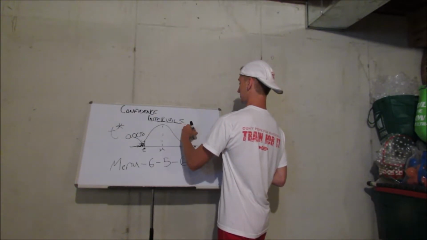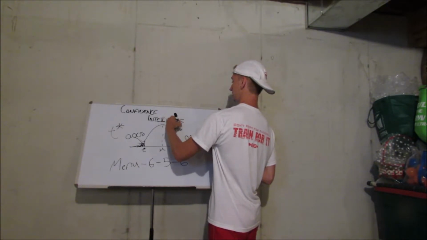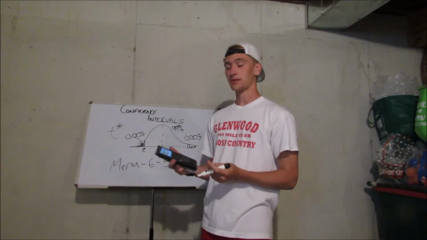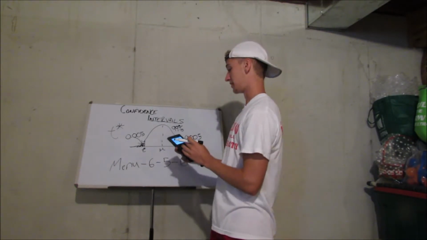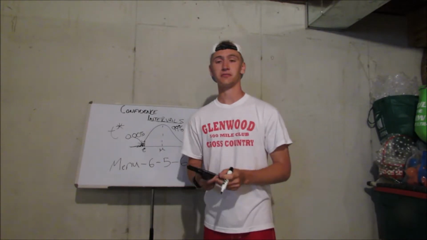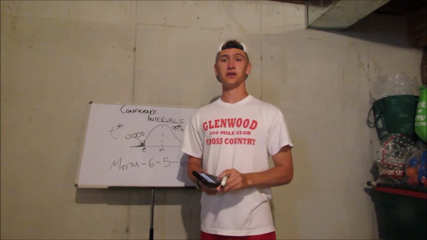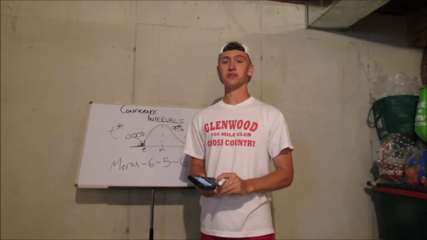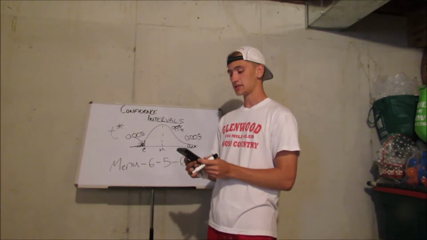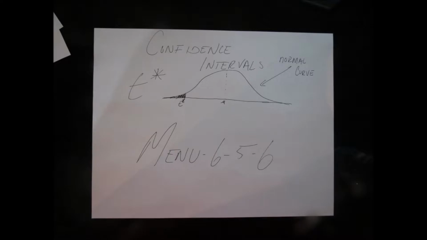So you have 0.005 on each side, and 99% in the middle. For a 99% confidence interval, you would have an area of 0.005, and then your degrees of freedom is just your sample size n minus 1. Whatever size sample you use, you would just use n minus 1. And then you should get a t-score to be able to put inside your confidence interval formula.